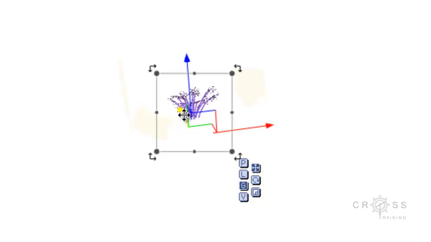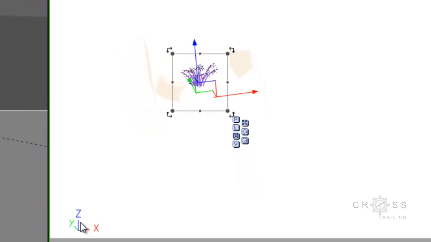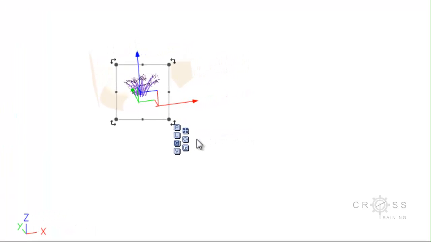Each of these arrows, their color corresponds to a direction. This blue arrow corresponds to Z, the red one corresponds to X, and the green one corresponds to Y. What these arrows allow us to do is to interactively either move, rotate, or scale this object.